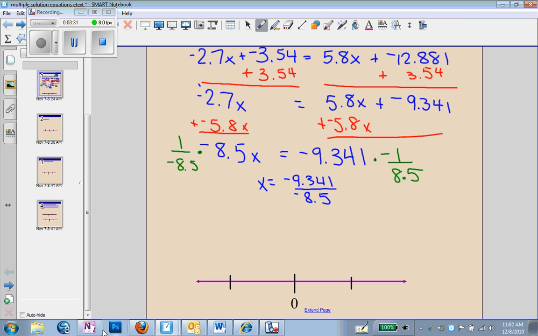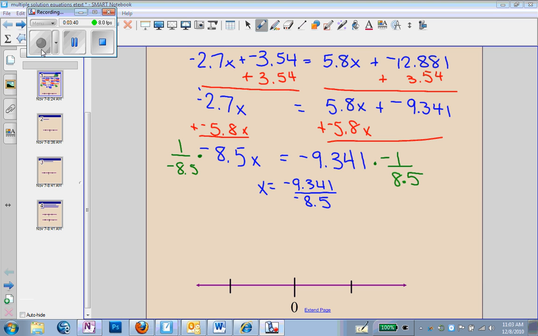This gives me the division problem, negative 9.341 divided by negative 8.5. Now I'm going to divide negative 9.341 divided by negative 8.5. Remember to move the decimal and line it up.